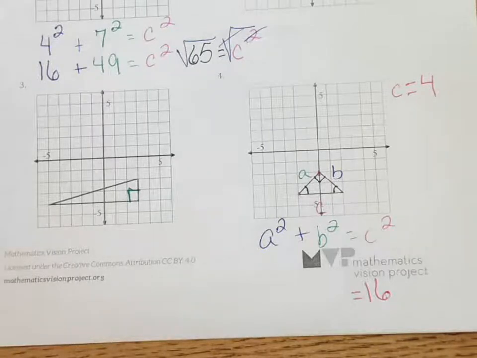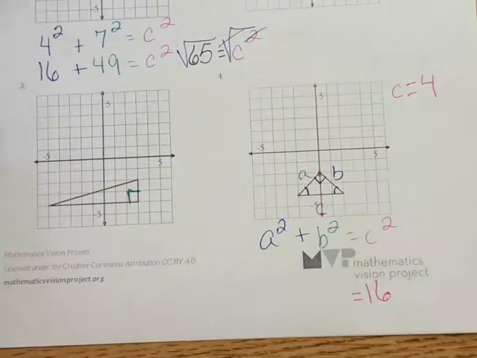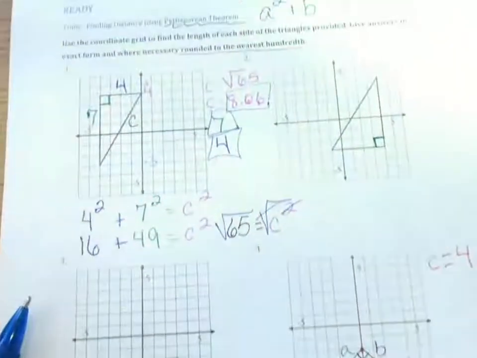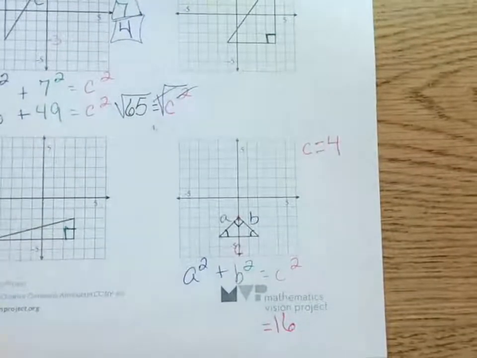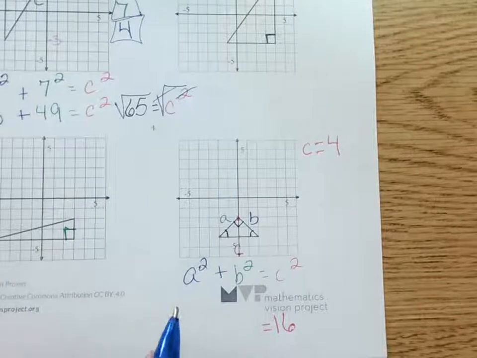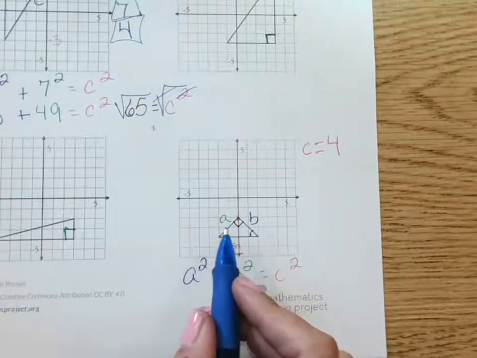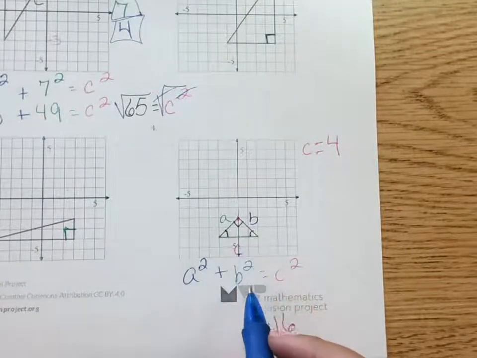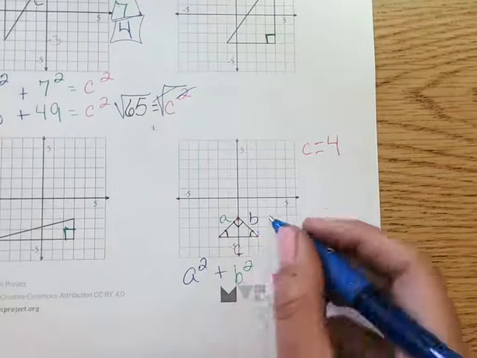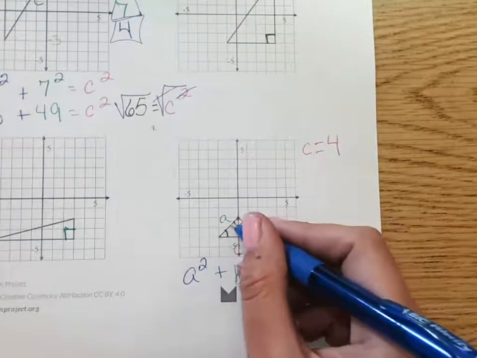Okay, but stay with me. Since A and B are the same length, we have determined that A is equal to B. They're the same length.